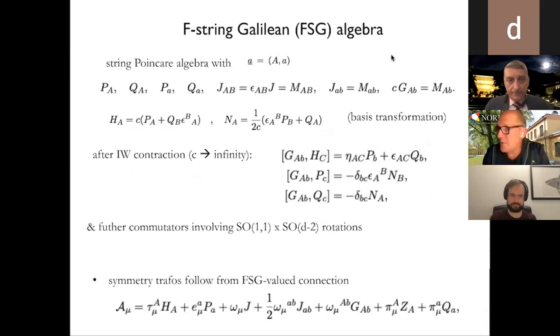Okay, and then there are a lot of commutators involving SO(1,1) and SO(D-2) rotations. But the crucial feature is that the commutator of stringy boosts with the string Hamiltonian, so the world sheet Hamiltonian, gives P, but also in another way, with an epsilon symbol, gives Q. Stringy boosts act non-trivially on P and Q, but stringy boosts commute with each other, and I'll comment on that in a second.